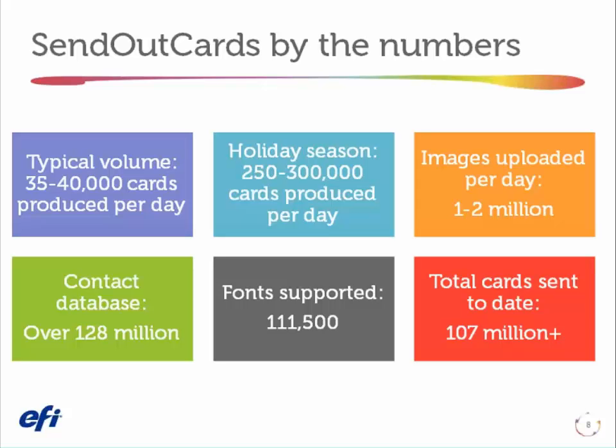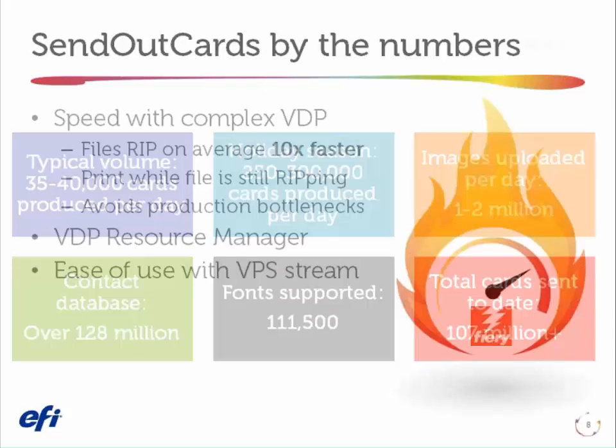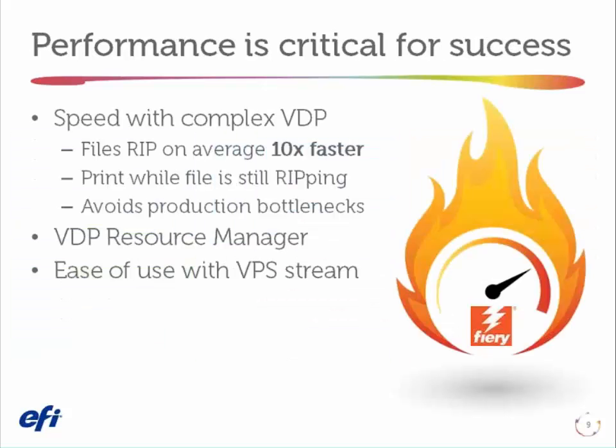Wow, those are some serious production stats. So why don't you tell us how the Fiery DFE helps maximize your efficiency and get all those jobs out quicker? Yeah, so once we plugged in our Fiery, there were quite a few changes that we saw. Obviously, speed is the big one. As I said, we give our customers complete control over their greeting cards, so a lot of them are very intense files.